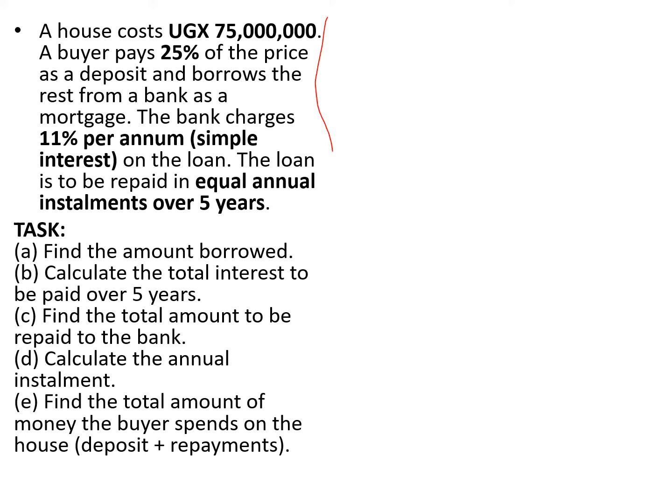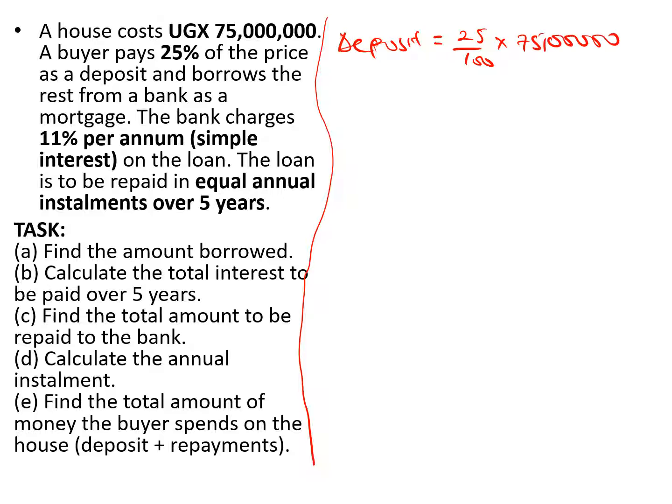So here you come and ask yourself, how much is the deposit? That is 25 out of 100, times 75 millions.